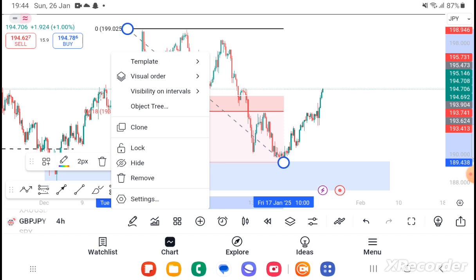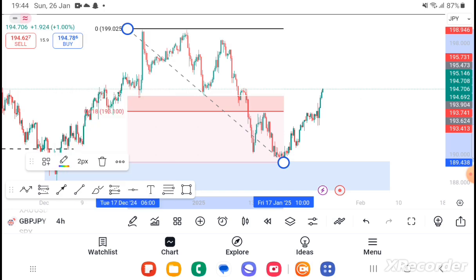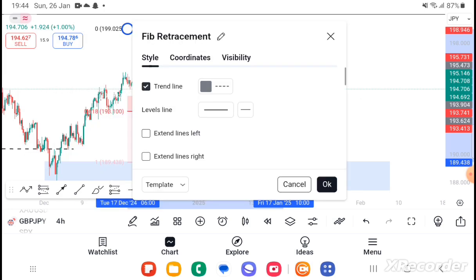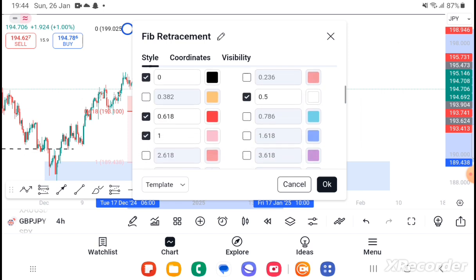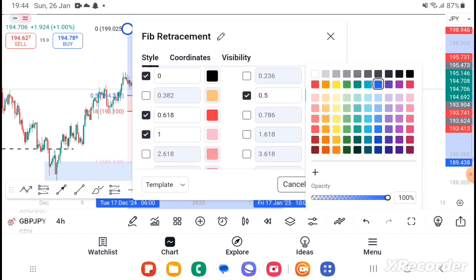Let me see. Color. So the color of my 50% is white. I don't need that. I want this to be blue, or even this one. Let's do green and see.